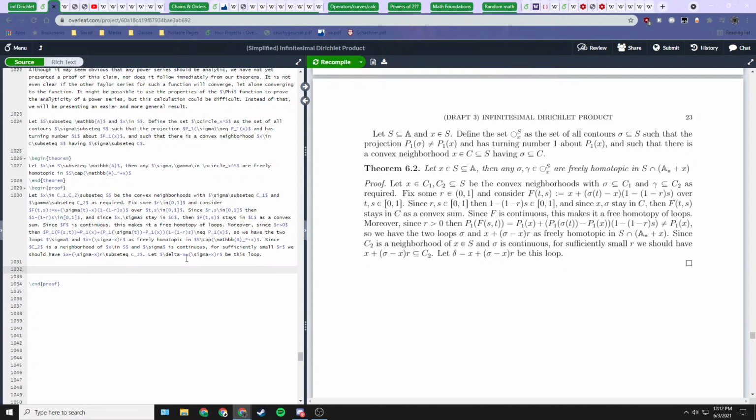Okay, so now that they're both in this one singular convex neighborhood, now we just have to prove that they're homotopic to each other. So I think to do this, what we want to do is construct a triangular loop, and then, let me think on that.